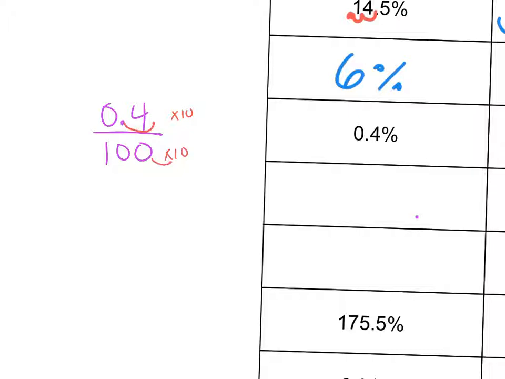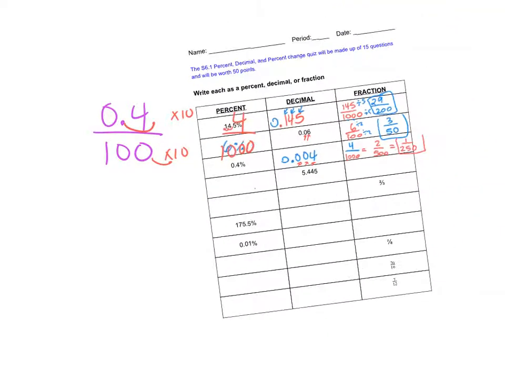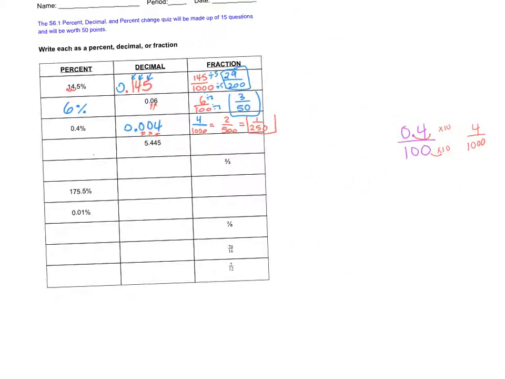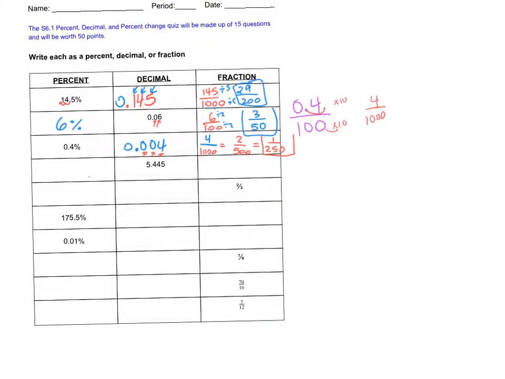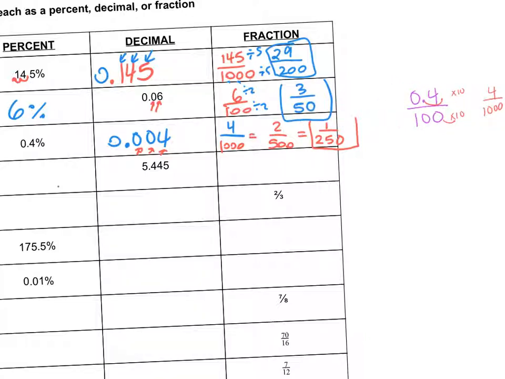So if you move it over 1, you get 4 over 1,000, which can then be simplified to that number that we did, which was 1 over 250. So hopefully that answered the question.